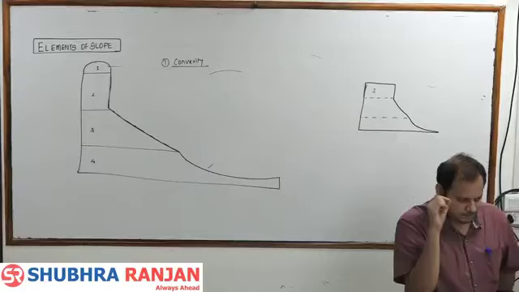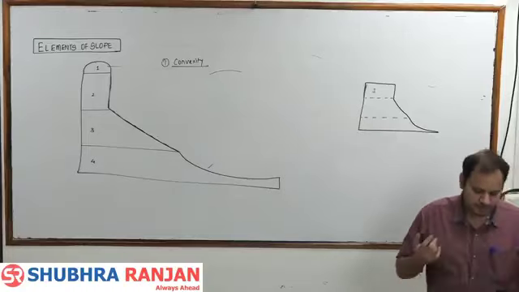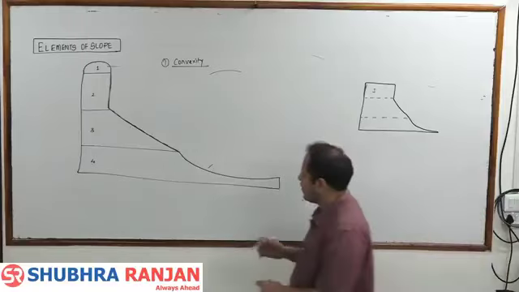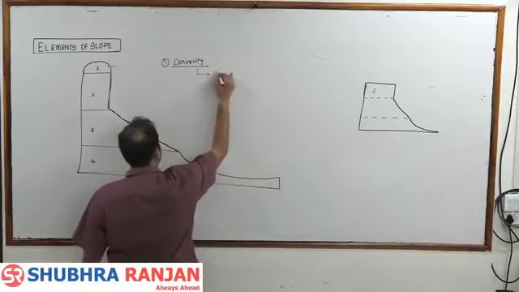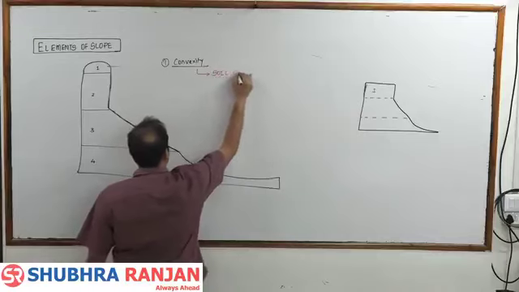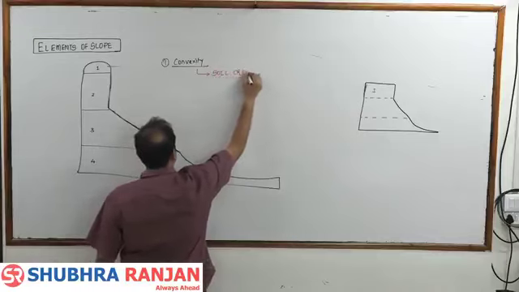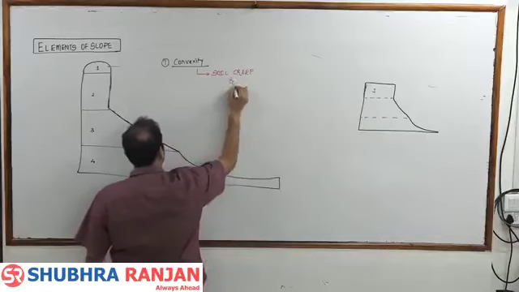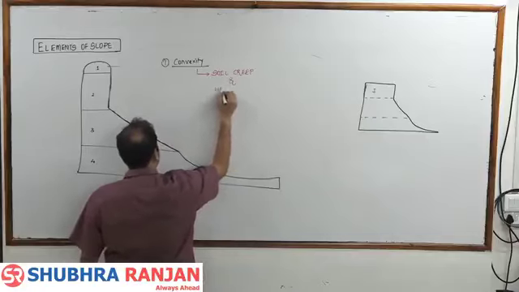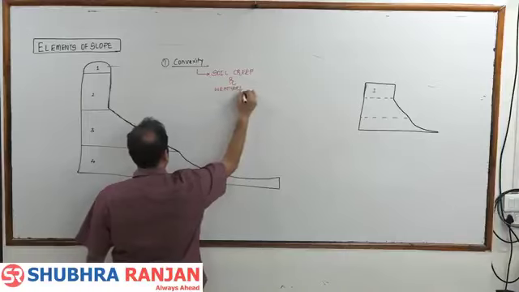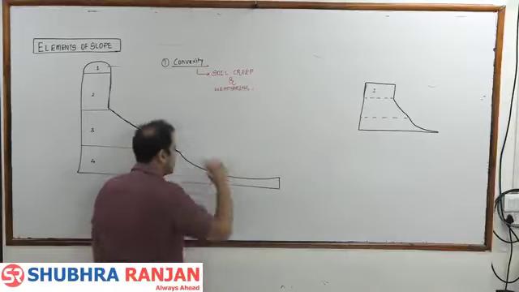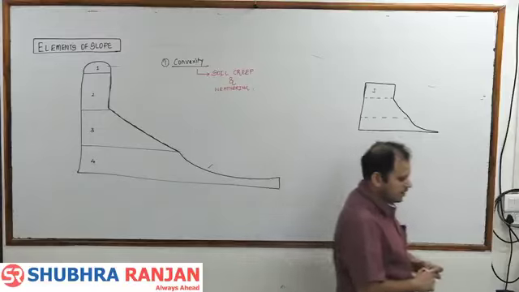Two processes are responsible for the formation of convex slope. Soil creep and weathering.